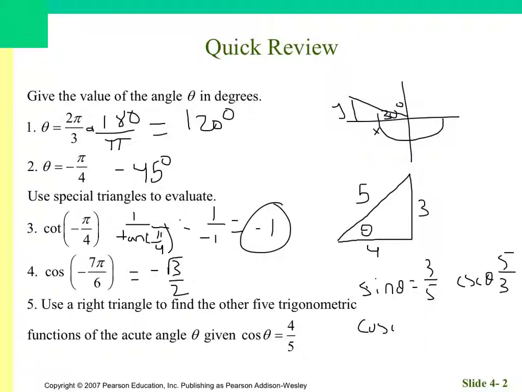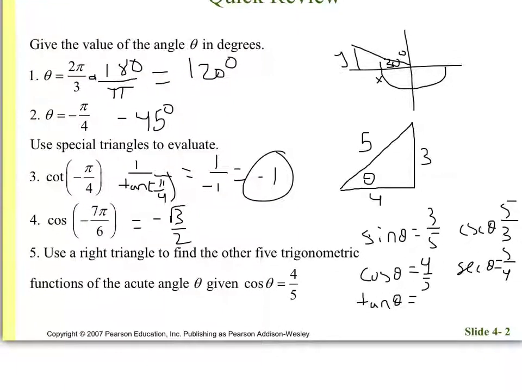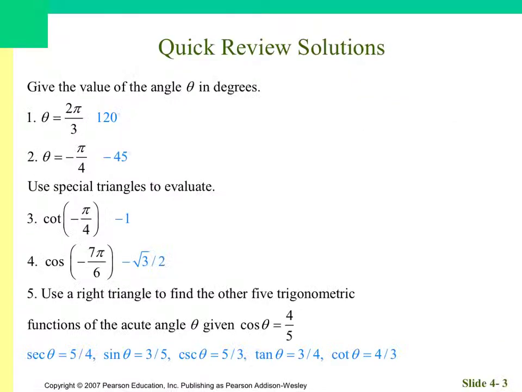If the cosine of the angle is 4/5, the secant is 5/4. Tangent of the angle, 3/4, so cotangent, 4/3. See if we're right. Yep. Okay.